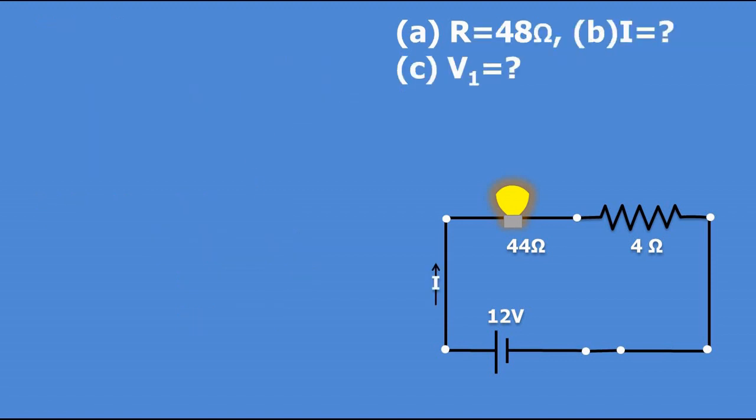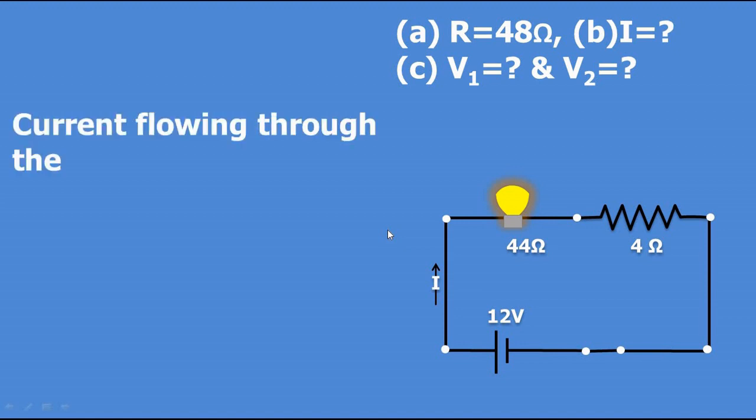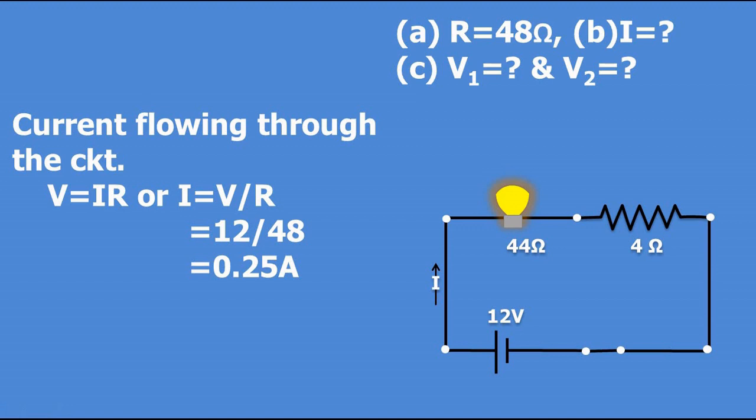We already calculated the value of R, and now we are going to calculate the value of I, the current flowing through the circuit. V equal to IR or I equal to V upon R. We simply put the values here, V is 12 and R we have already calculated as 48. So 12 upon 48 is 0.25 amperes.